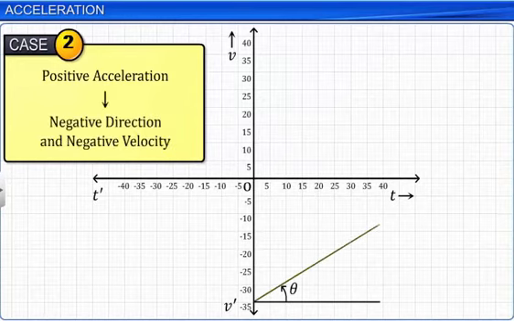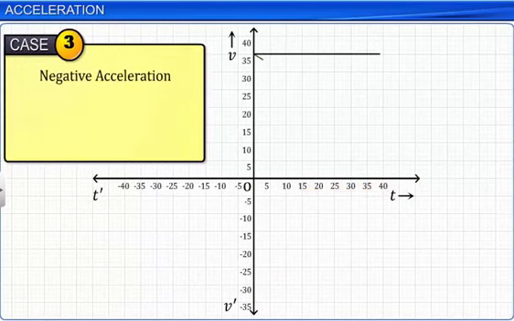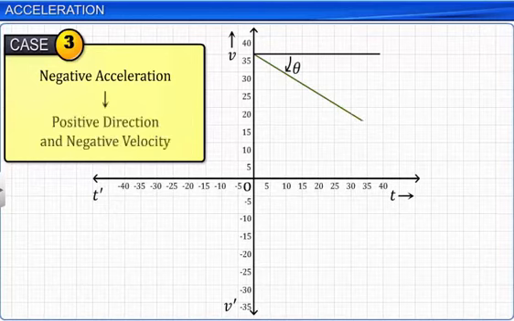Now if the object is moving with negative acceleration in a positive direction but with negative velocity, the nature of the graph is a decreasing straight line in the first quadrant.